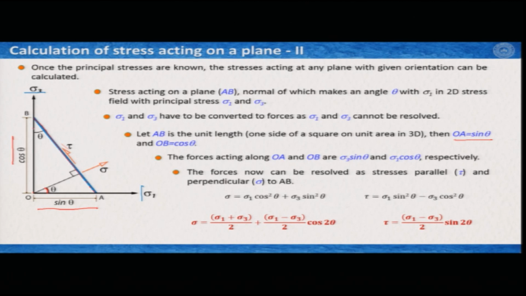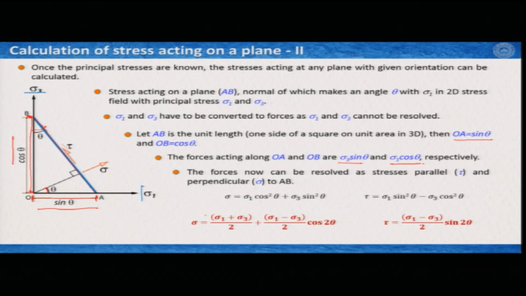Remember this is your theta, so this has to be also theta. Now the force acting on OA, along this particular side, and OB, this particular side, would be sigma 3 sin theta and sigma 1 cos theta respectively. This is simple geometry.